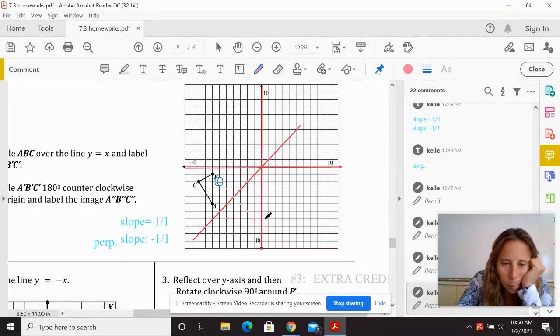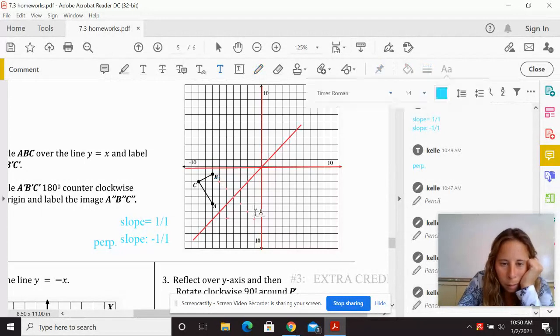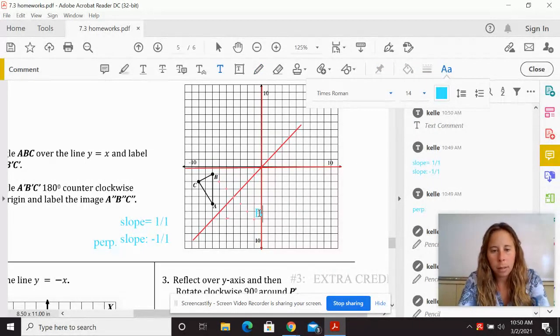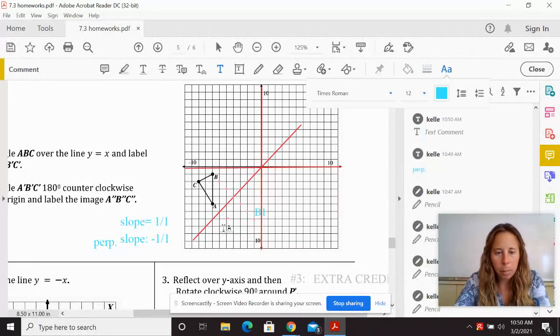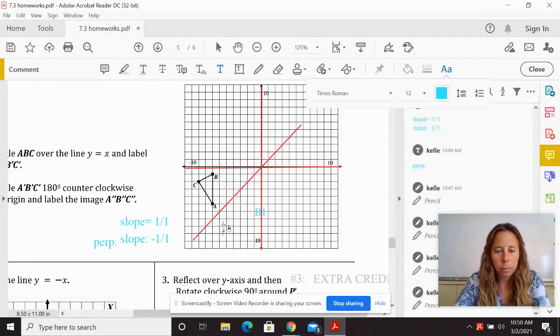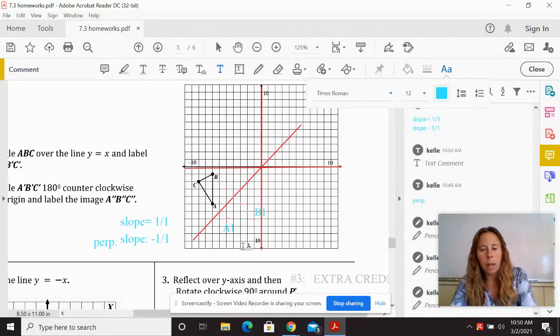Okay, and then make sure they're the same distance away, so this should be your new B. So this is really big. B prime or whatever. This is A. Come down here. A prime or A1.